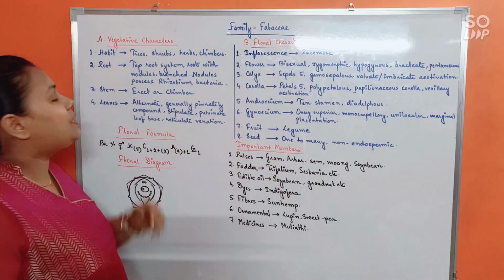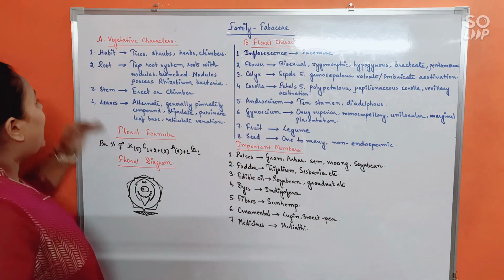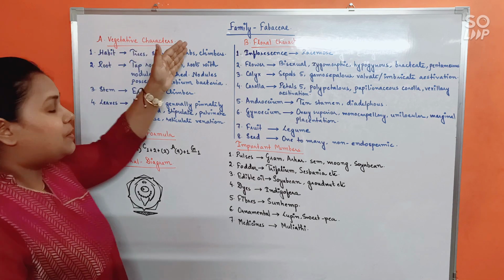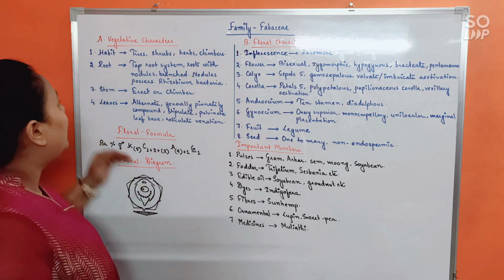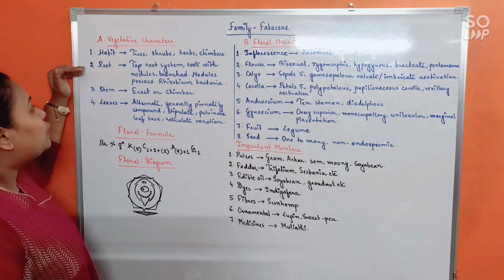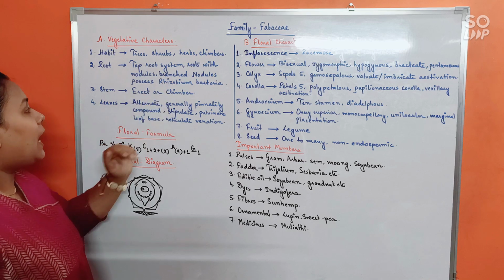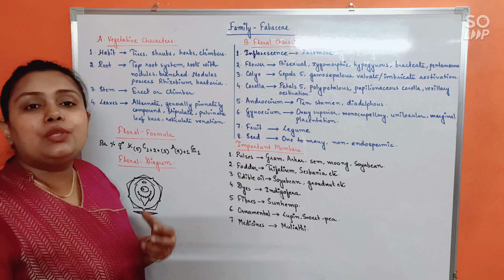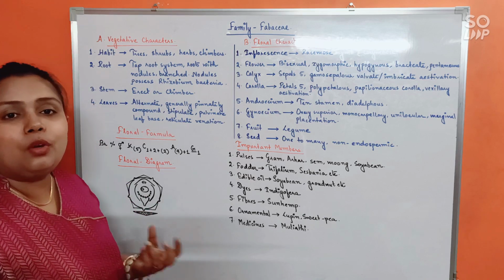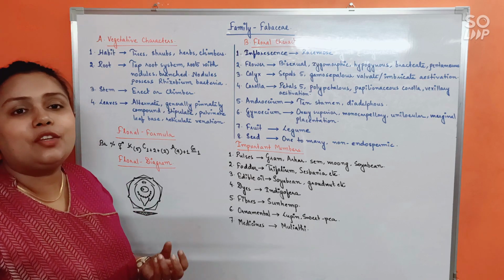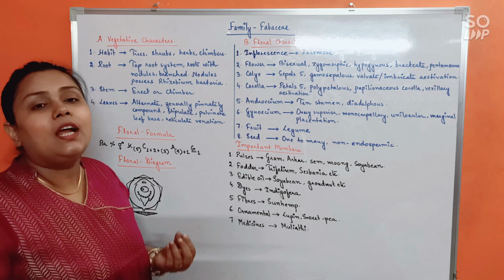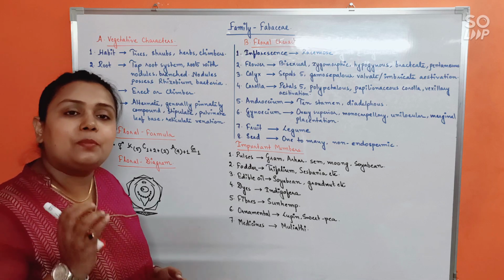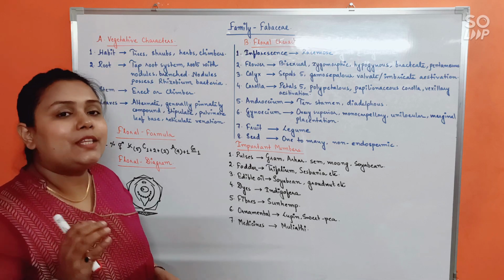See, first, vegetative characters. The habit of the plant: they are trees, shrubs, herbs and climbers. Alright. Next, root. The root would be a taproot system, and the roots would be found with nodules. If you remember, nodulated roots, isn't it? The nodule formation can be seen in the secondary or tertiary branches of certain leguminous plants, okay? And these tumor-like projections possess a bacteria called rhizobium.